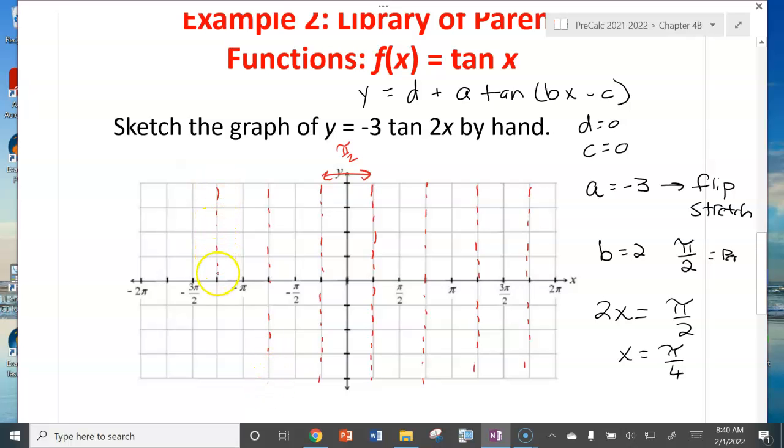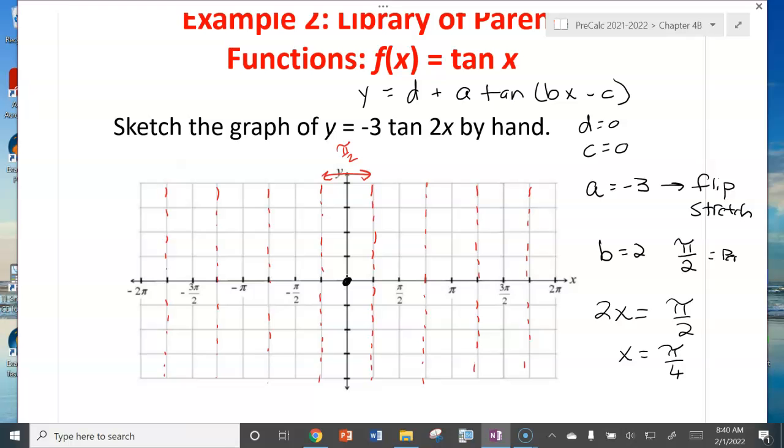And here. And lastly here. So there's all of our asymptotes. Again, I'm going to have a point right here at 0. Now we need to figure out our other 2 points.